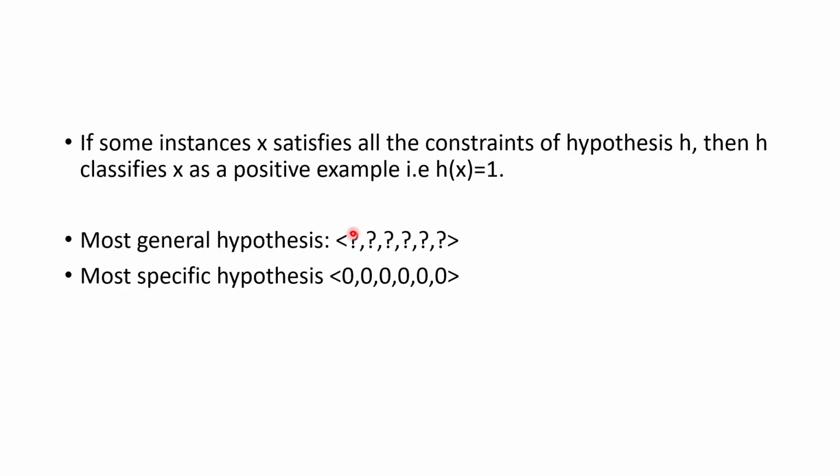There are 2 cases here. One is the most general case, which accepts any value. The other is the specific hypothesis, which accepts phi or null or 0 value. We are moving from the specific hypothesis to the general case.